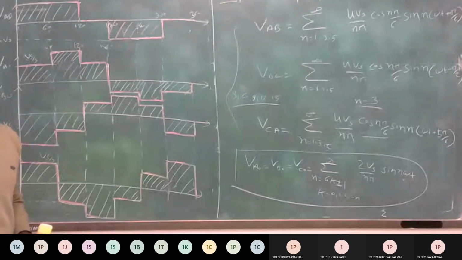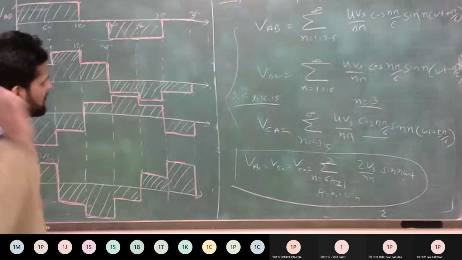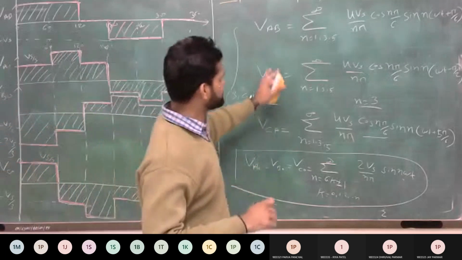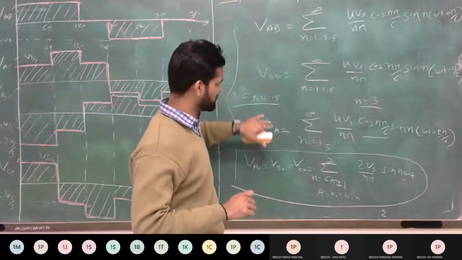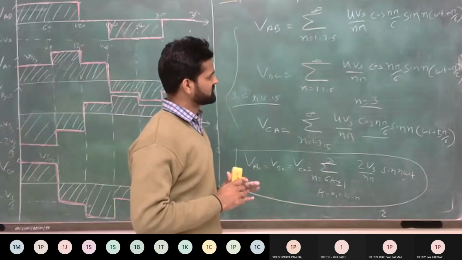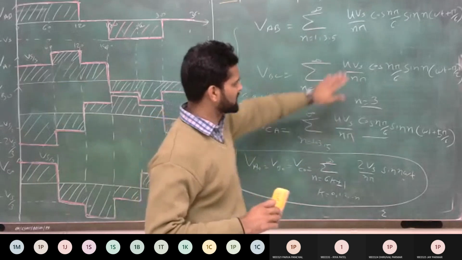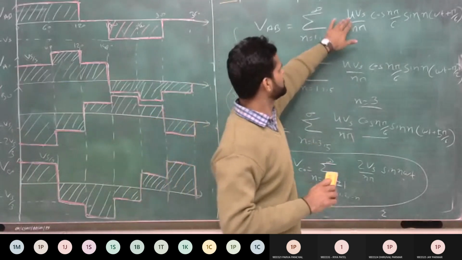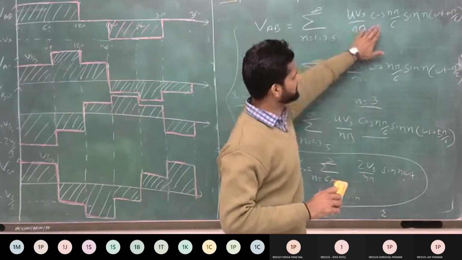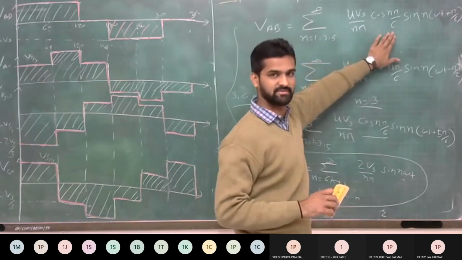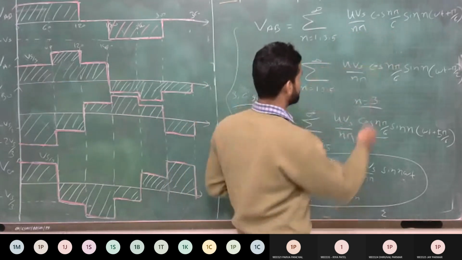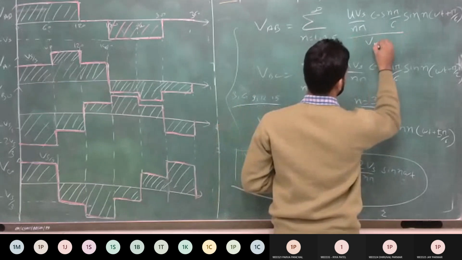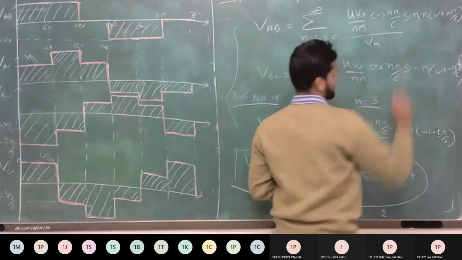RMS value of the nth harmonic component of the line voltage. As you know, the peak value of the nth harmonic component is 4 Vs by n pi cos n pi by 6. That is your Vm, so Vm into sin omega t.